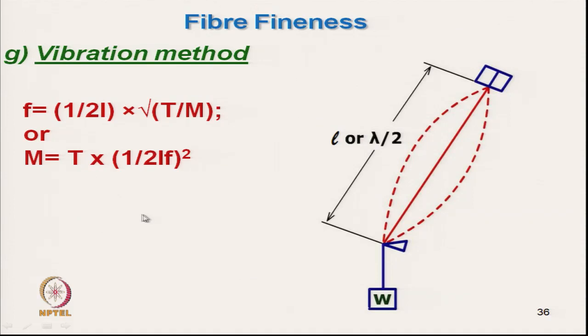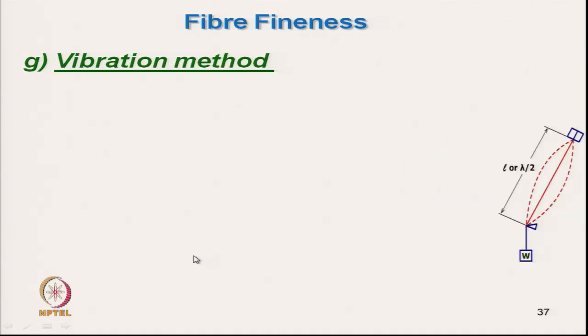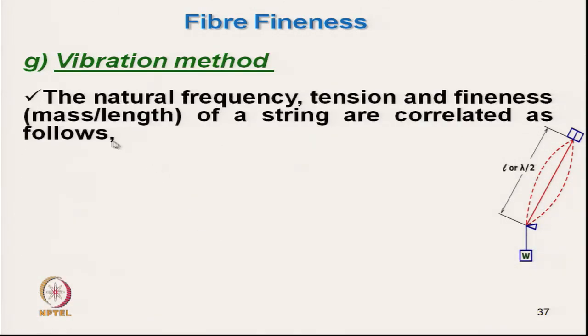With this formula we can measure the mass per unit length. The natural frequency, tension and mass per unit length of the string are correlated by this formula, as we have seen.